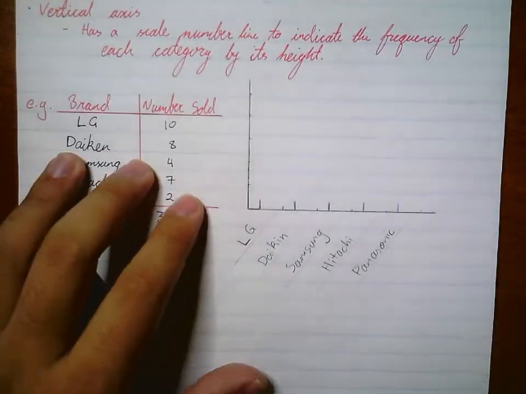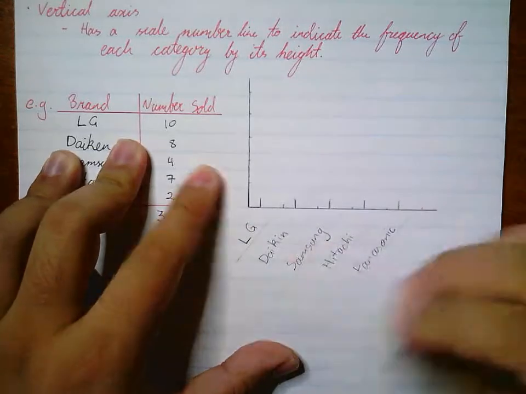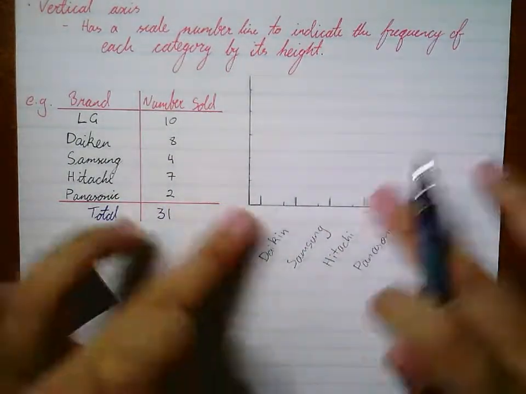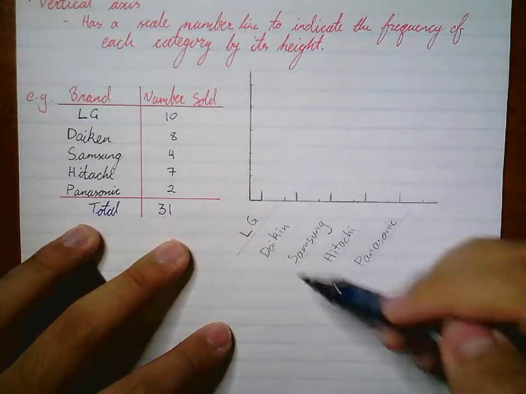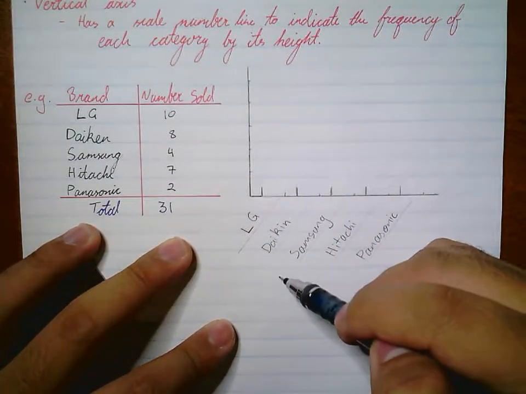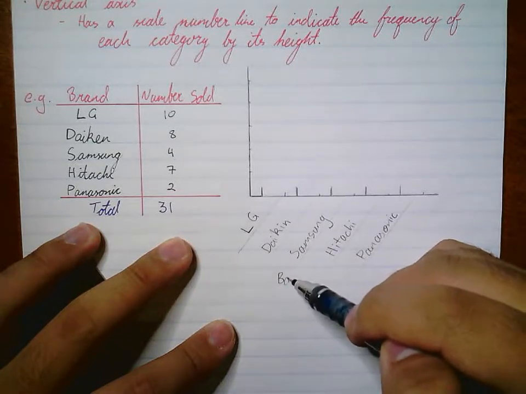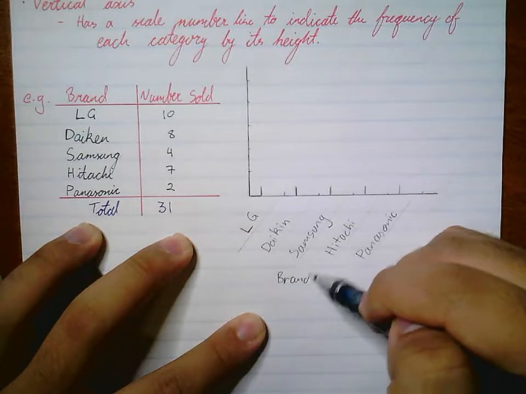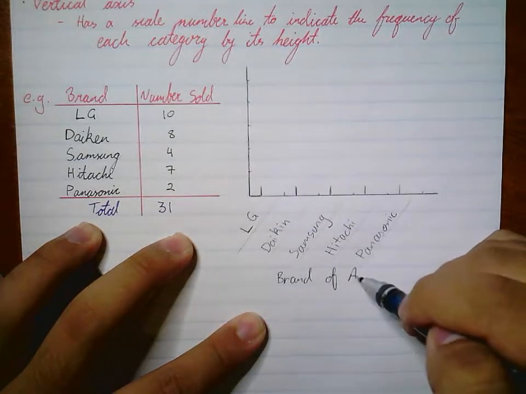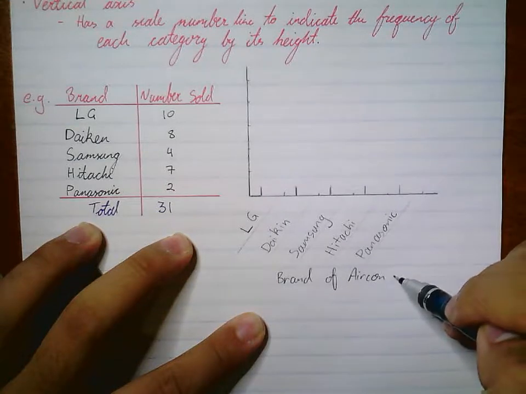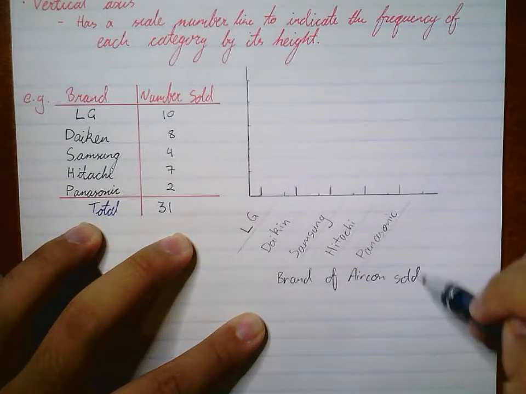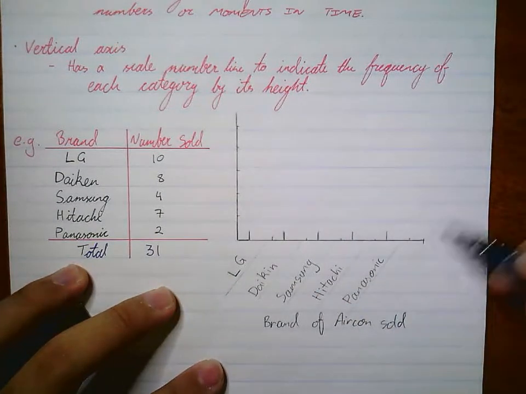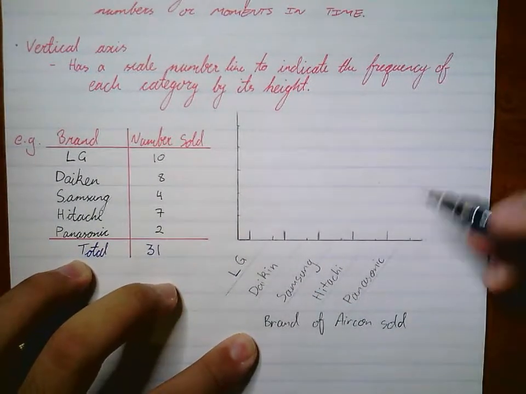And finally, one final label that we need is along the bottom here. We need to indicate what all these brands are indicating. Well, these brands are indicating brand of aircon sold. So that there is our horizontal axis.